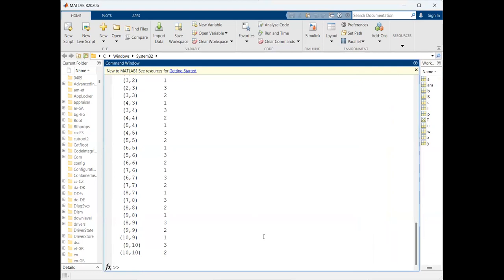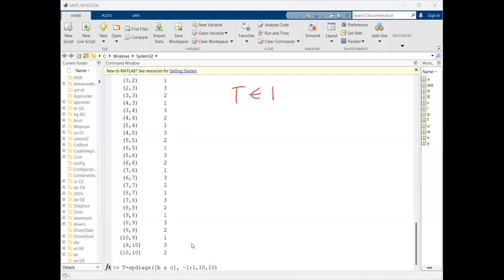So what does this T mean? We are saying that we are creating a sparse diagonal matrix. It's a tri-diagonal matrix. So let me annotate. We have created a T, which is a 10 by 10 matrix.